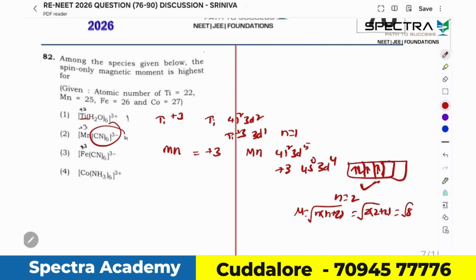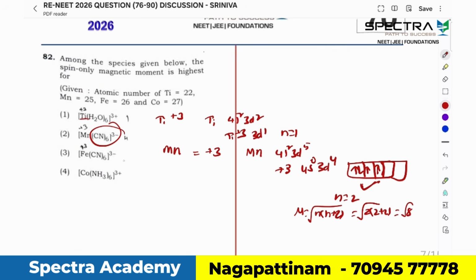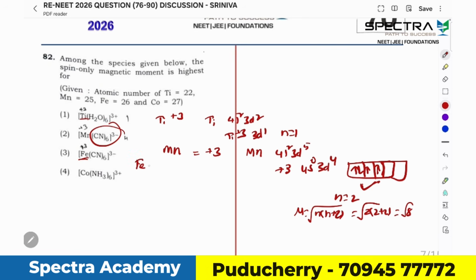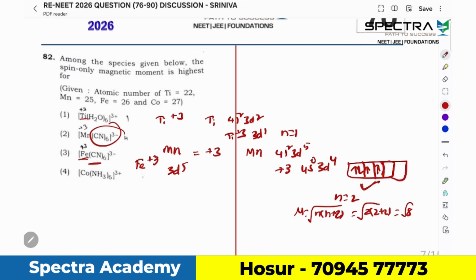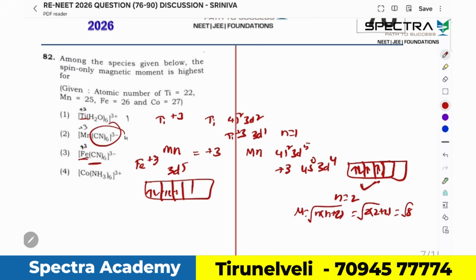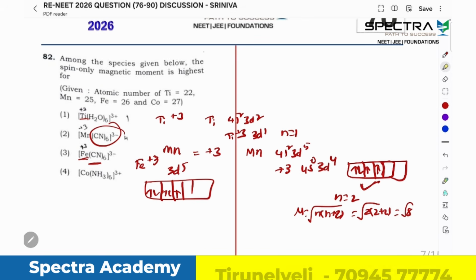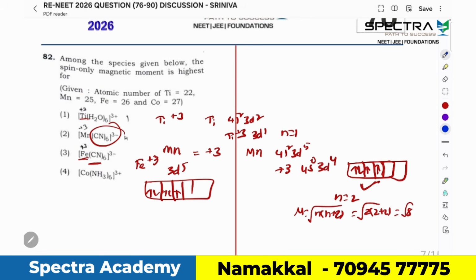Similarly, for the third option you can take Fe plus 3 oxidation state. That means it has the electronic configuration 3d5, but cyanide is a strong field ligand, so pairing takes place and you have only one unpaired electron. Among the given options, consider cobalt with NH3 taken 6 times, plus 3.